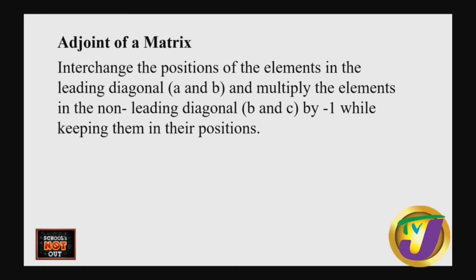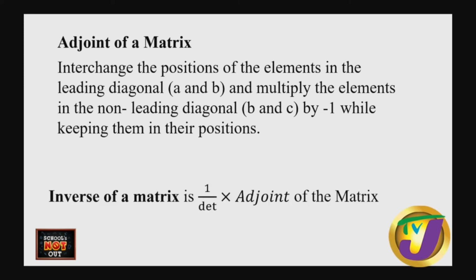All we're doing to the elements in the non-leading diagonal is multiplying them by -1. And finally, the inverse of a matrix is 1 divided by the determinant times the adjoint of the matrix. Remember now, if the determinant is 0, there is no inverse for that matrix. We have to remember that.